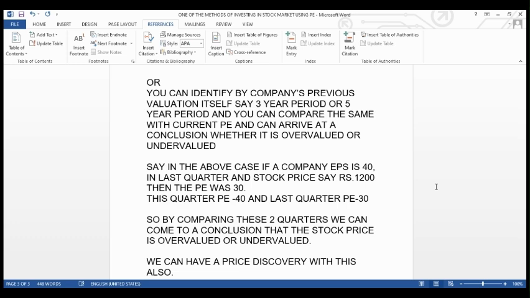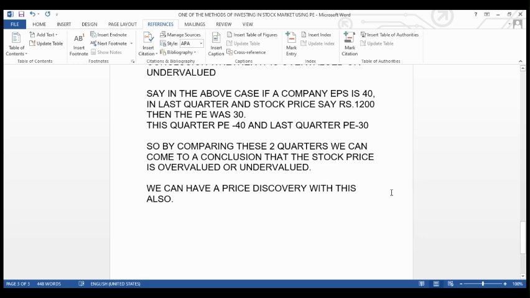Say, in the above case, if the company's EPS was 40 in the last quarter and the stock price was say 1200, then the PE was 30 in the last quarter. So this quarter the PE is 40 and the last quarter the PE was 30. By comparing these two quarters, we can come to a conclusion whether the stock is overvalued or undervalued.